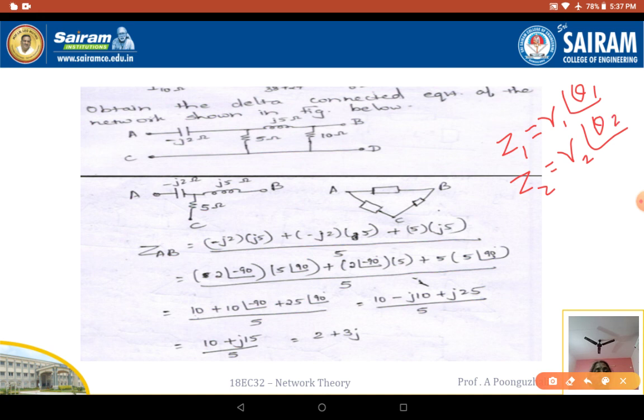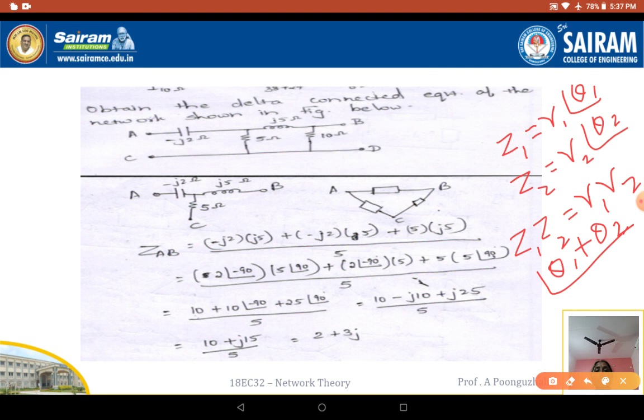If I want to multiply Z1 into Z2, the magnitudes should be multiplied and the phases should be added, so R1 R2 with phase angle theta 1 plus theta 2.